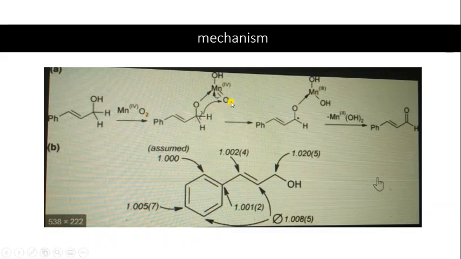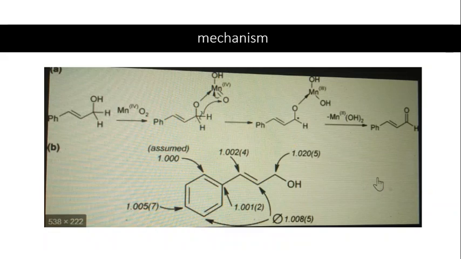Now you can see why the allylic position is oxidized in preference to the others.